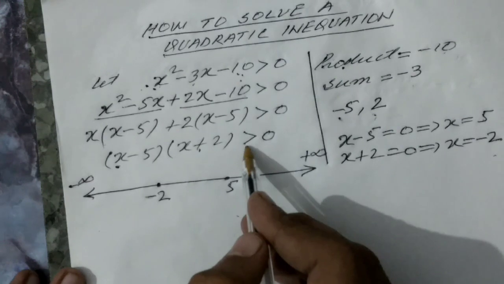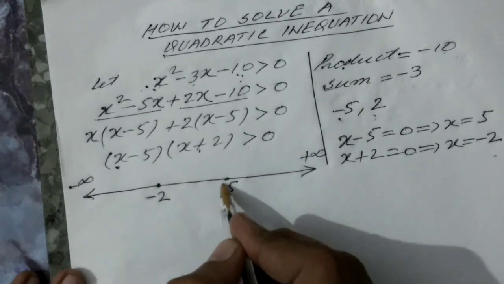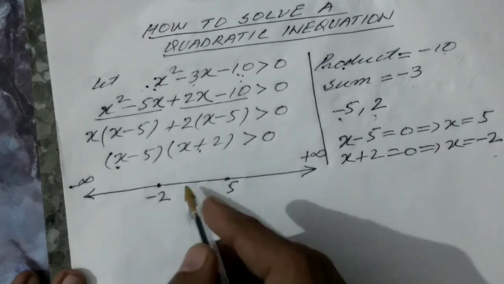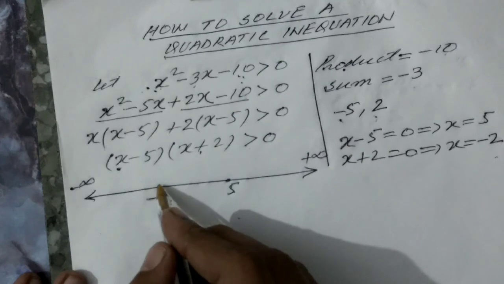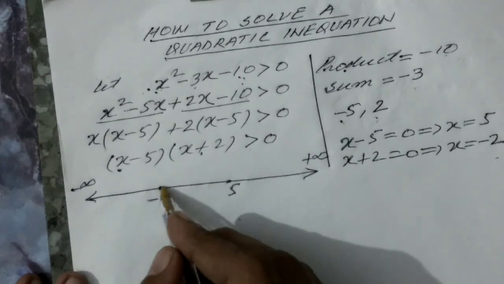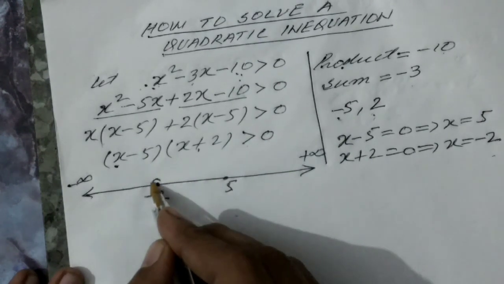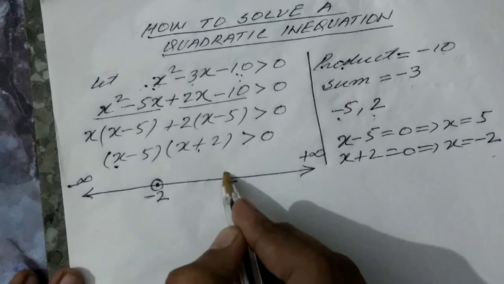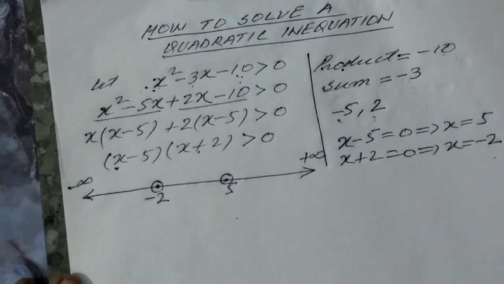If there is equality with this inequality, we write dark circles over there showing that these limit points are included. And if there is only the greater than sign without the symbol of equality, we write hollow circles showing that these two limit points are not included.